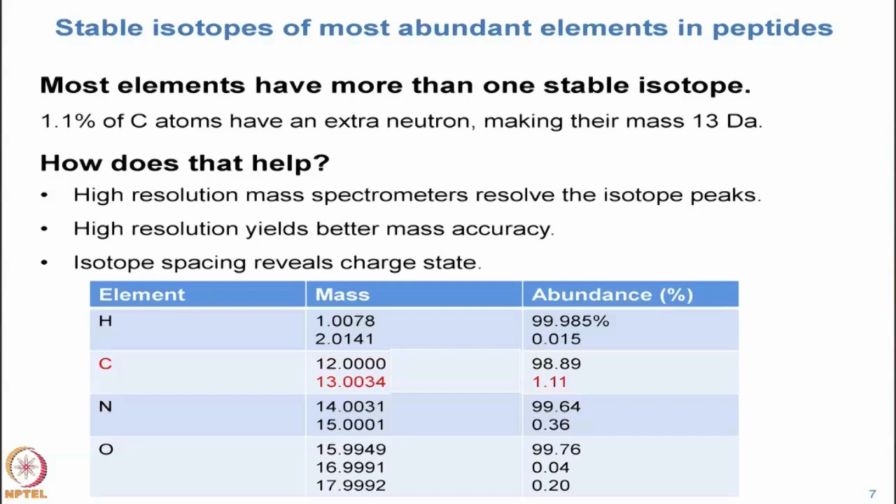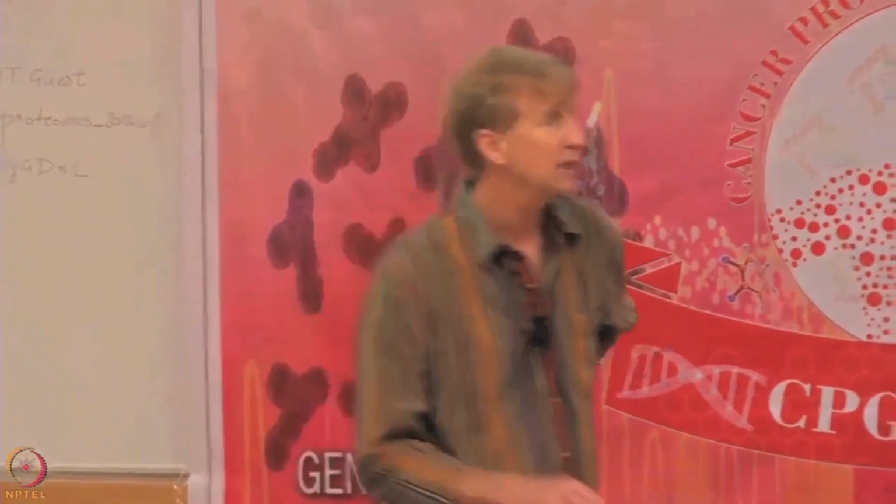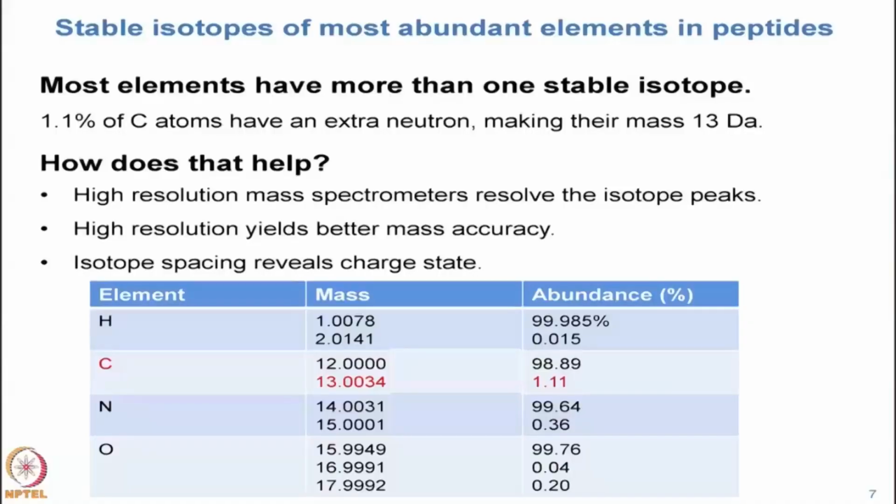They have an isotope form. Those isotopes are not very abundant. You can see the one with the greatest abundance is carbon, and so 1% of carbon exists in the C13 form. We're also going to be able to take advantage of that.